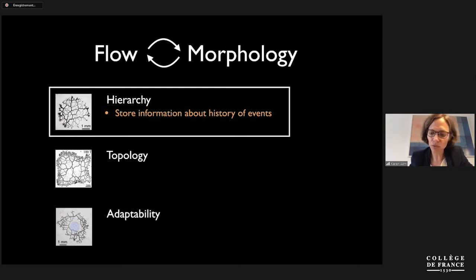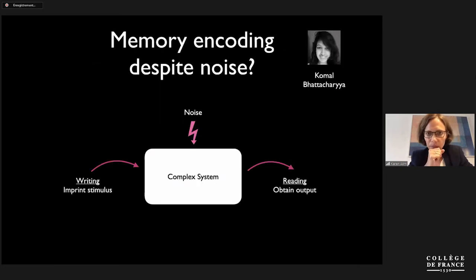And again, I will follow the idea of memory formation, but now in a theoretical context. And so I will ask the question, how can any flow network in general encode memory despite the noise that we have in any biological system at the same time?